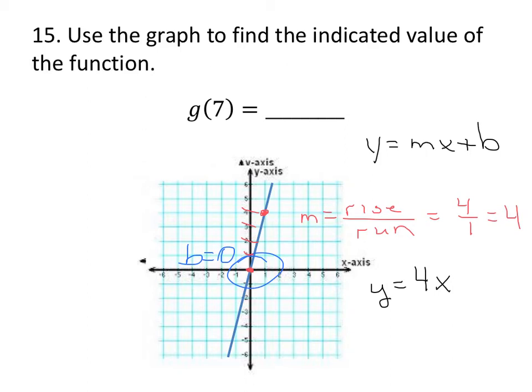So y equals 4x. So now to write that as a function, g, we're going to say g of x equals 4x. That's step 2. Once you get your line, you rewrite your y equals 4x as your function g of x equals 4x.